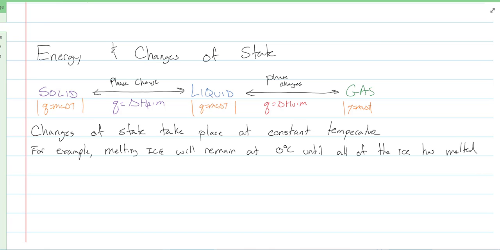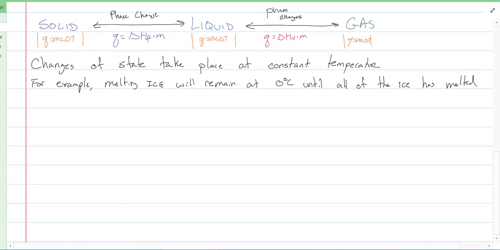Okay, they're different numbers. In fact, let's talk about the constants for water. You have the specific heat of ice, and that is 2.1 joules per gram degree Celsius. The specific heat of liquid water, 4.184 joules per gram degree Celsius.